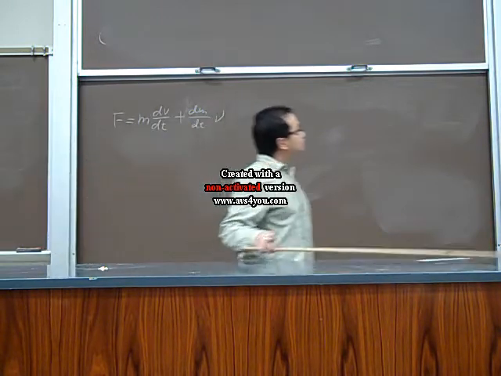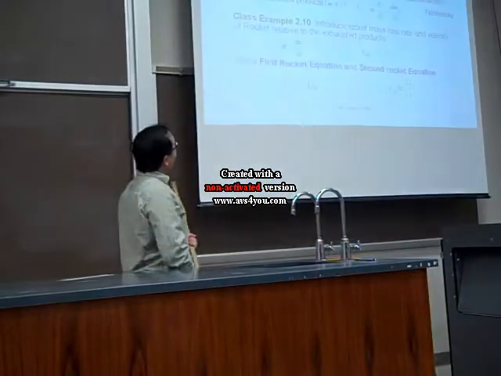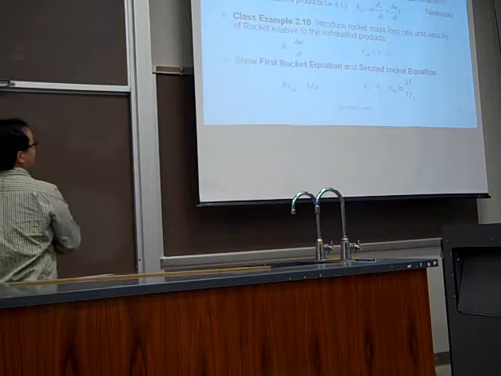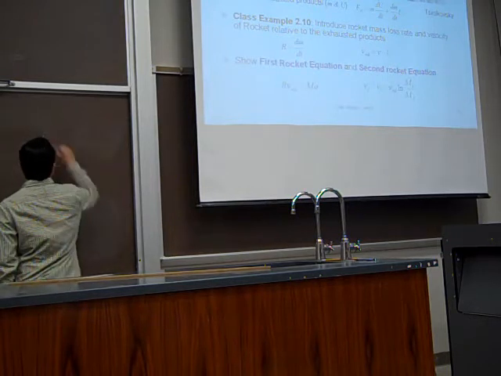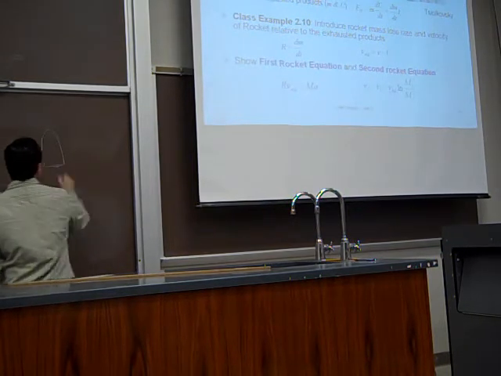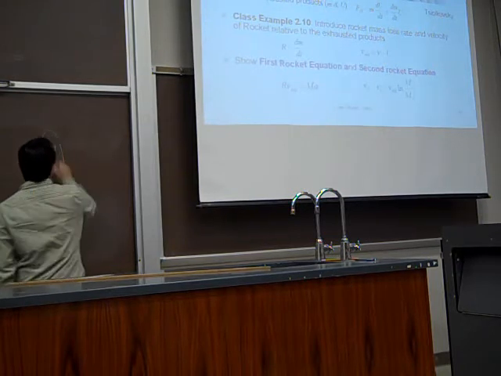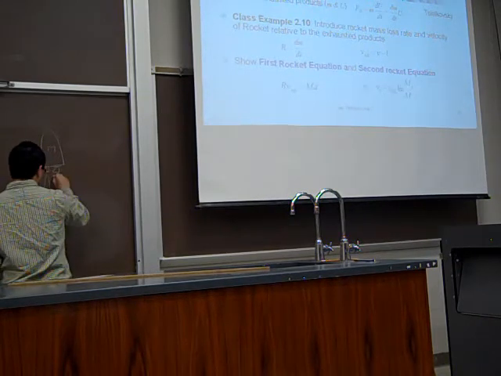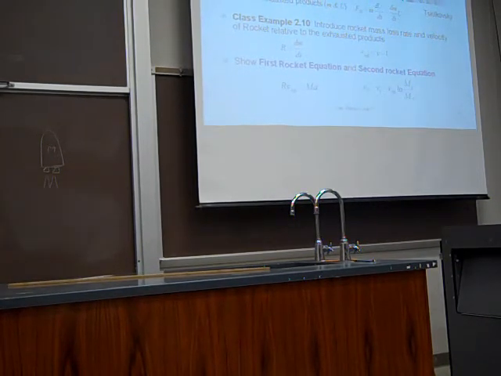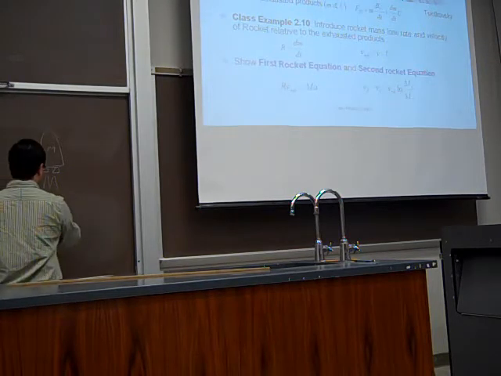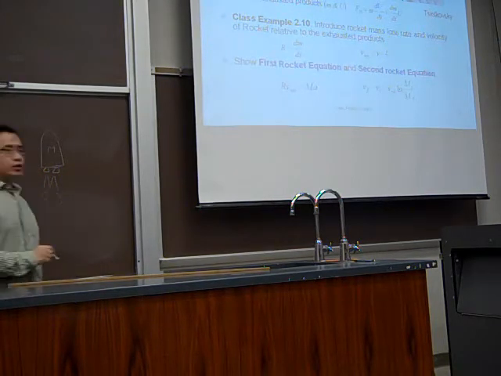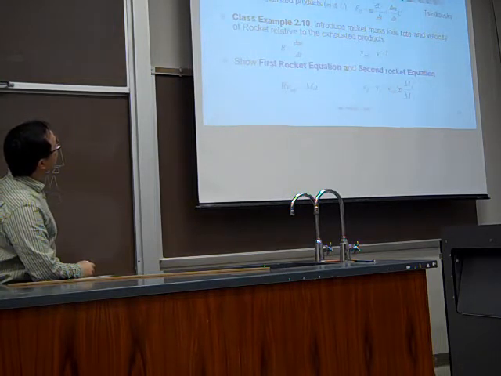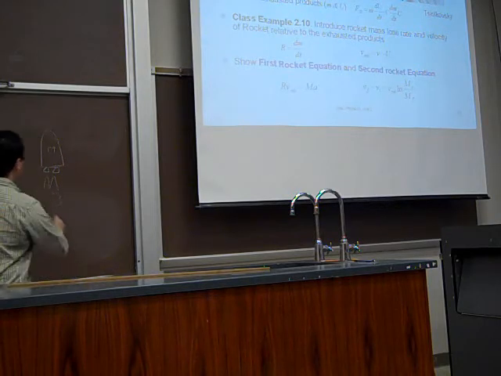Now let's look at the rocket. Usually we think about a rocket like this. You have a rocket here with total mass M, and it will release some working material. It's some gas, and let's say the mass is small m.